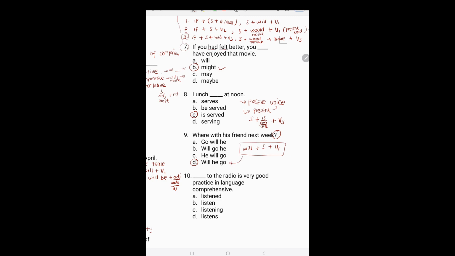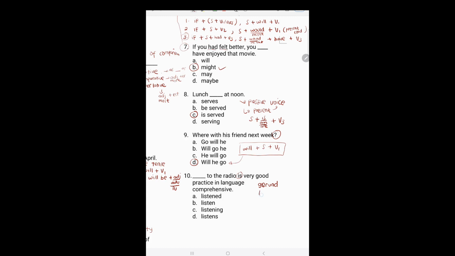Number 10. Blah blah blah to the radio is very good practice in language comprehension. And the choices are listened, listen, listening, and listens. The blank is followed by is, and it's indicating that the sentence itself requires a gerund.